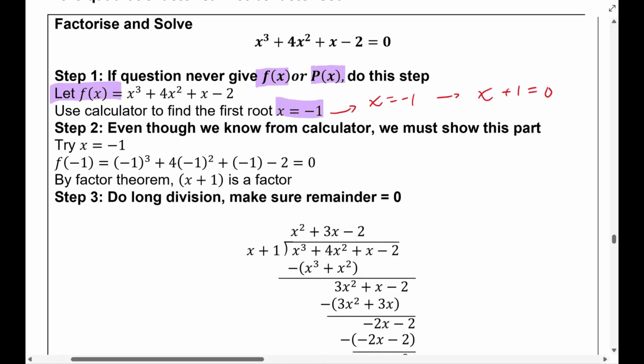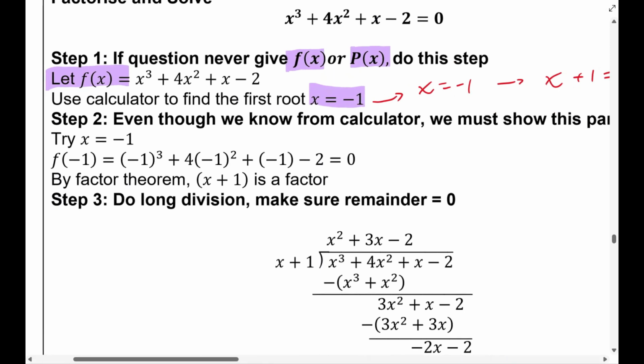Now step 2, even though we know from our calculator that x equals minus 1 is indeed a root, we must show this part. Even if you think it's unnecessary, it's still a marking point, so we have to prove that it's a factor by using the factor theorem.